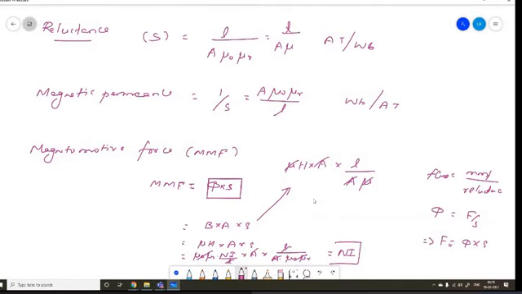So it is also equal to H into L. These three relations you can keep in mind for solving problems. So this MMF is equal to phi into S, is equal to N into I, and it is also equal to H into L.